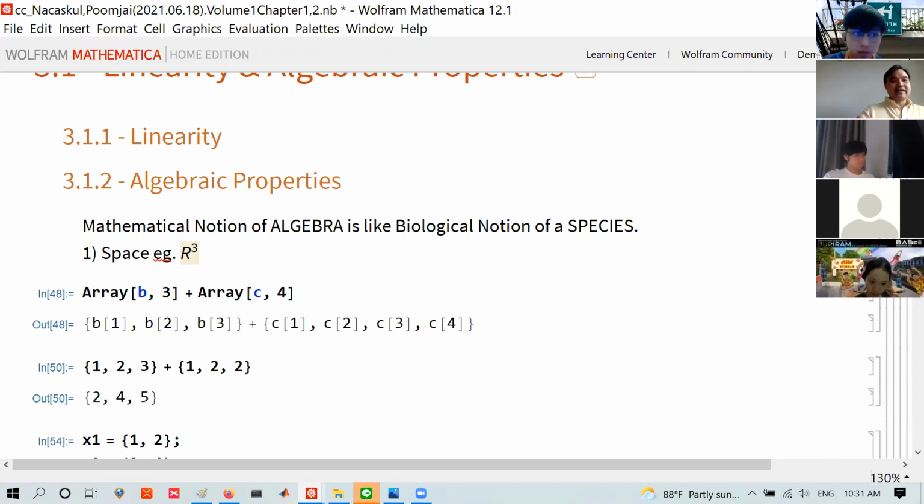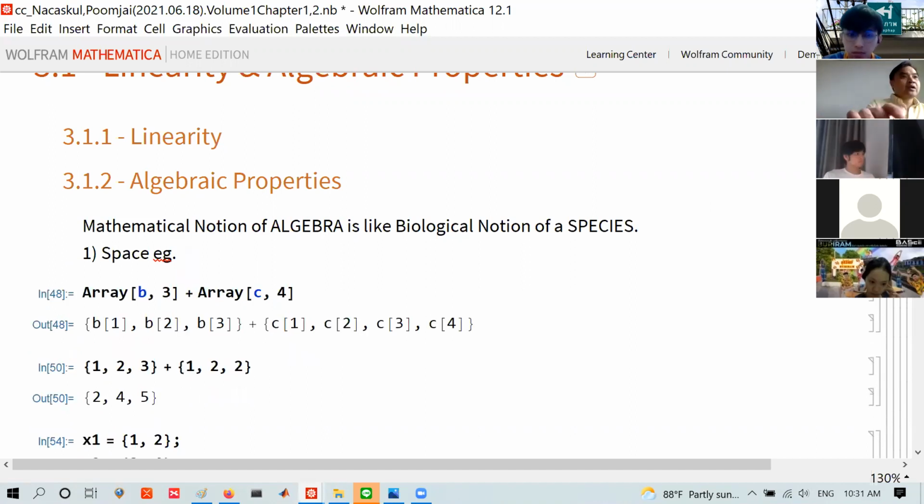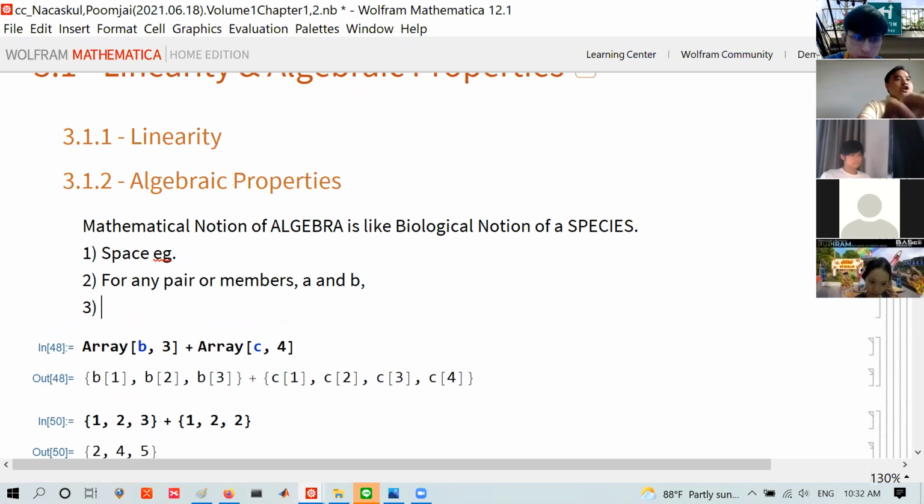Then you have the notion that for any pair of members, A and B, Alice and Bob, you have some kind of binary operation.